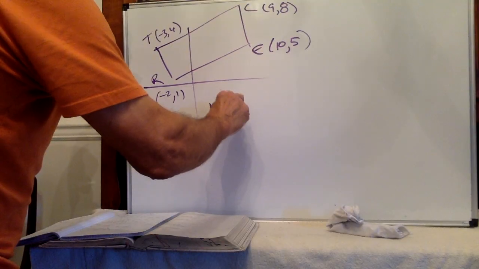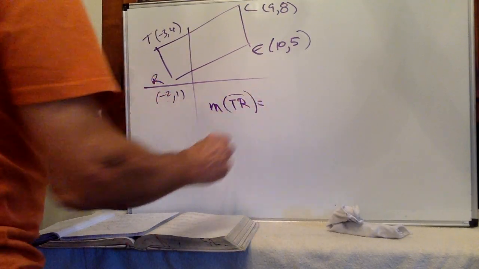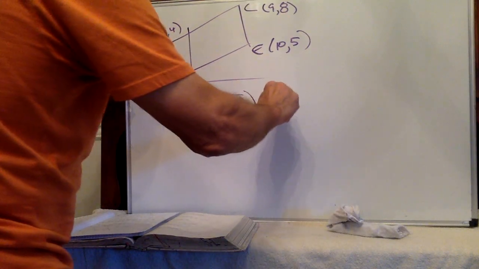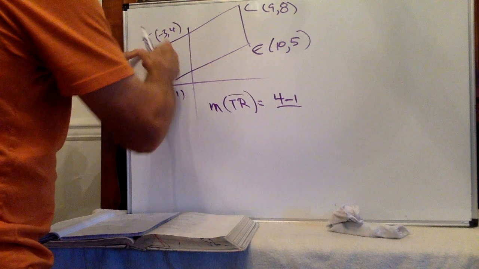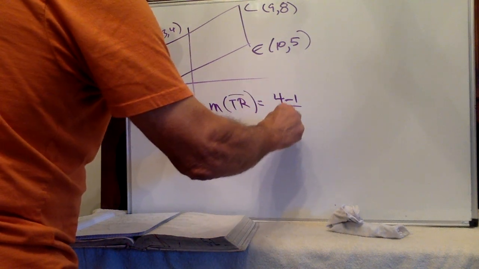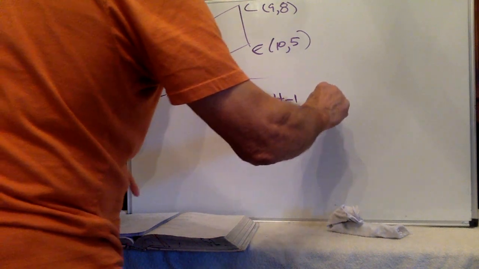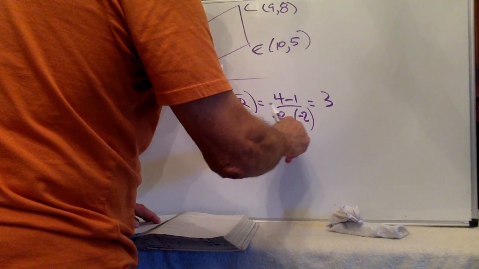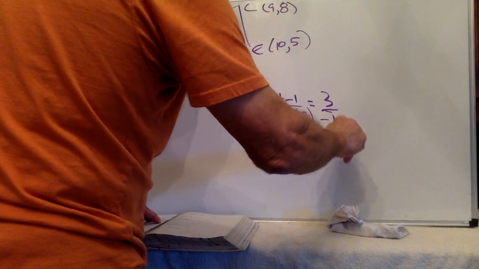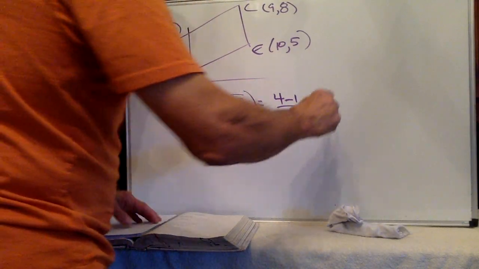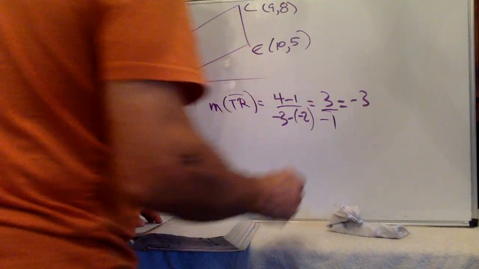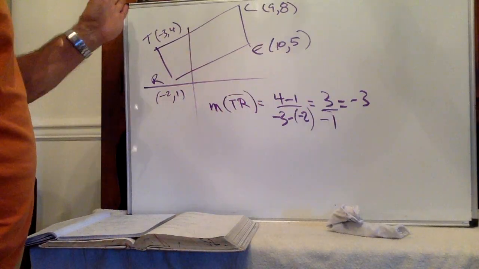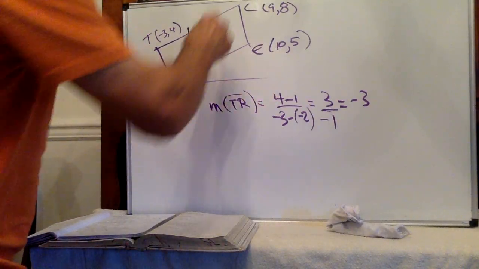So the slope of TR, using these 2 points, 4 minus 1 over negative 3 minus a minus 2. 4 minus 1 is 3. Negative 3 minus a minus is negative 3 plus 2, which is negative 1. 3 over negative 1 is the same as just saying negative 3. If you want to leave it that way, fine. But the slope of TR is negative 3.